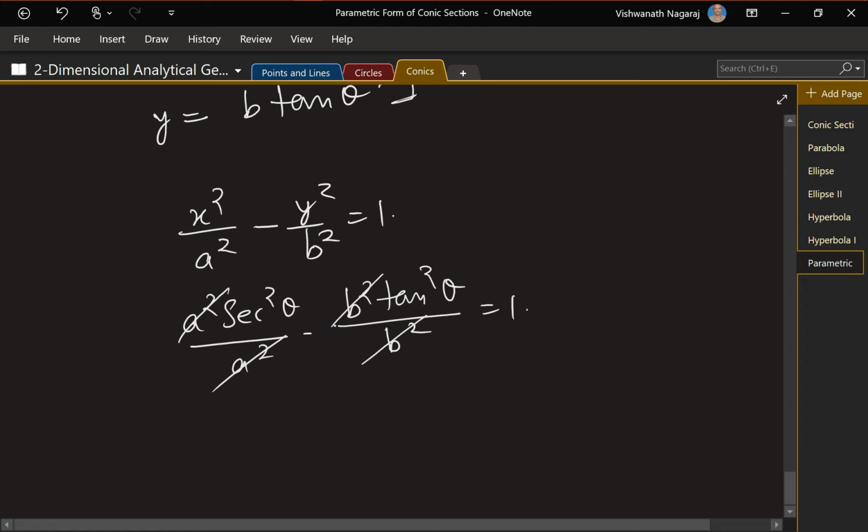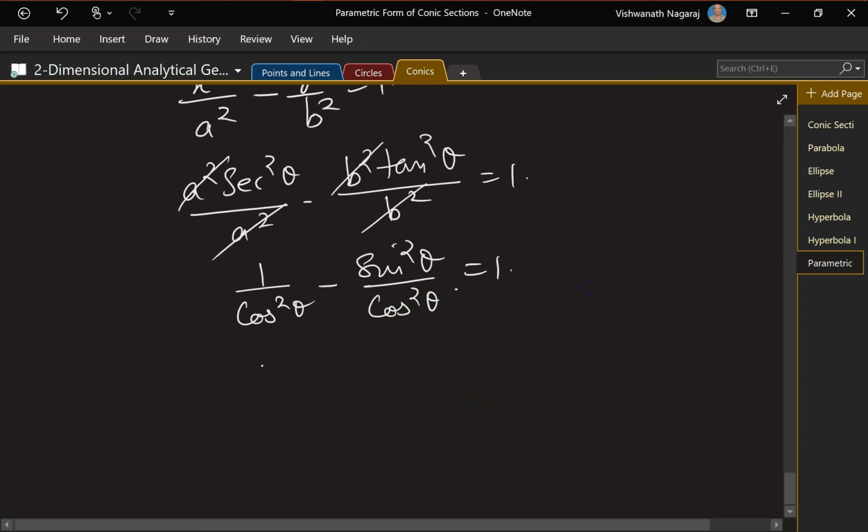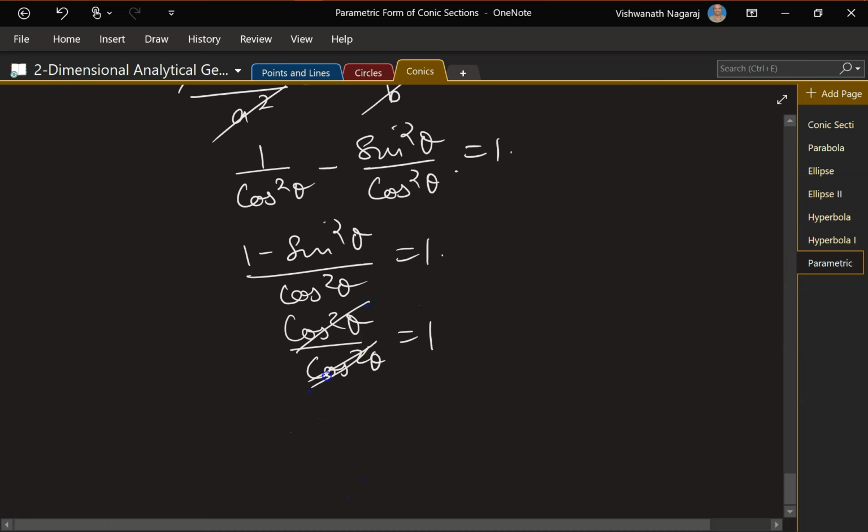Now if you don't know sec square theta minus tan square theta equal to 1, take it a step further. Cos square theta minus sin square theta by cos square theta equal to 1. Take the LCM, 1 minus sin square theta by cos square theta. 1 minus sin square theta is cos square theta by cos square theta. So these two get cancelled. So 1 equal to 1.